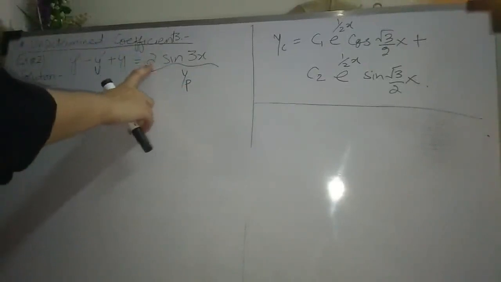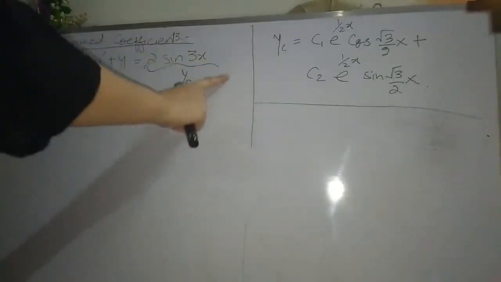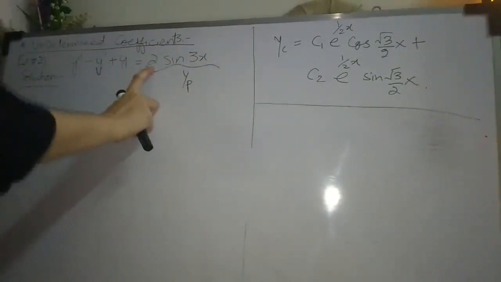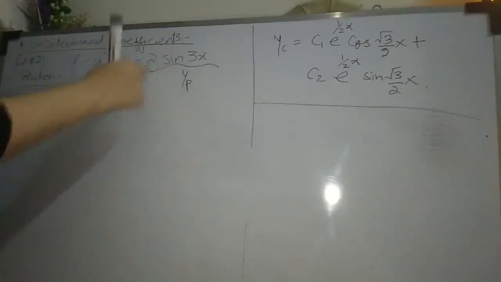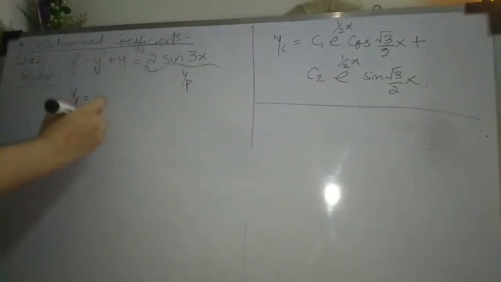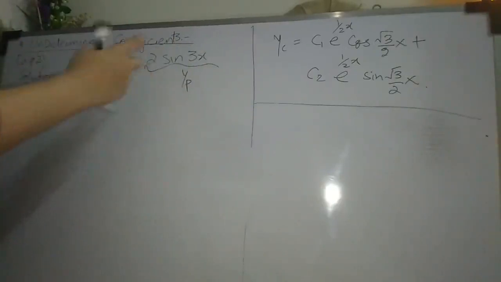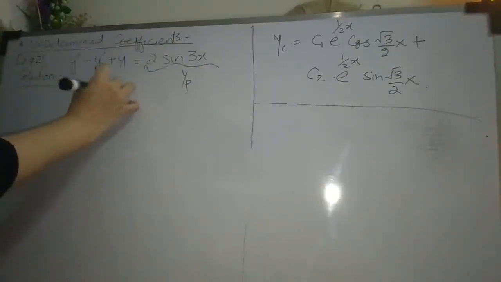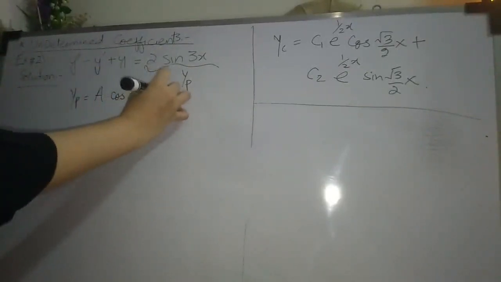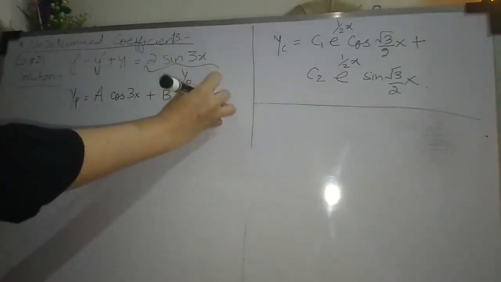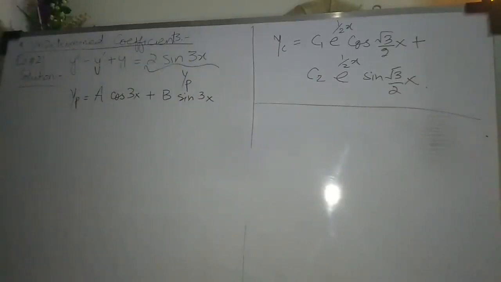Here we have a sine, so a constant times sine of 3x, which is a constant into a trigonometric function. So we can replace it as a cos 3x plus b sine 3x, where the angle is 3x, and that is why we are taking 3x.